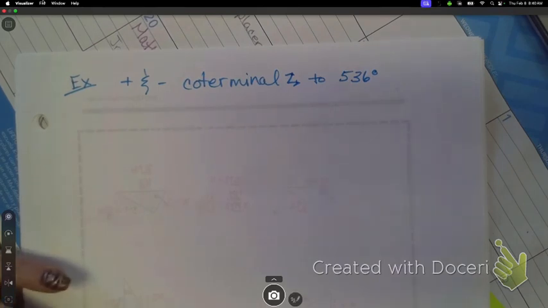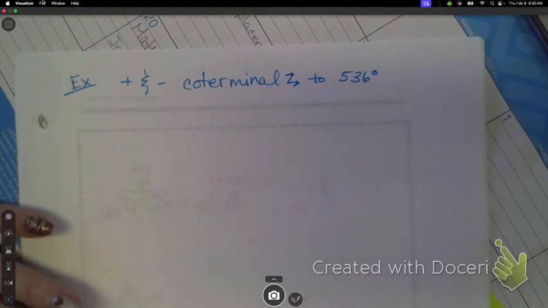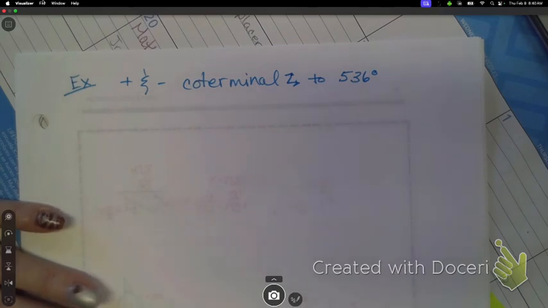Okay, so how do you want to do that? I need one positive, one negative coterminal angle to 536 degrees. The positive, you just do it once, but the negative, what do you want to do?